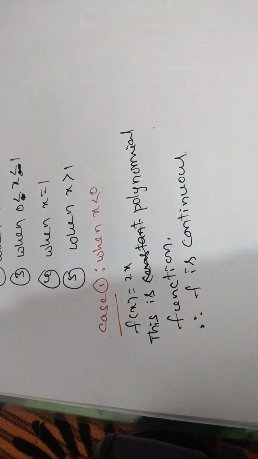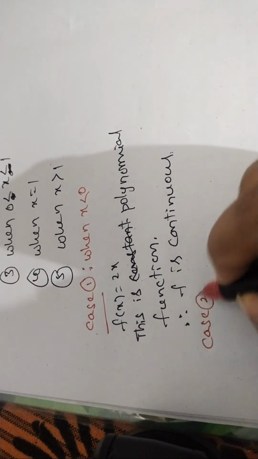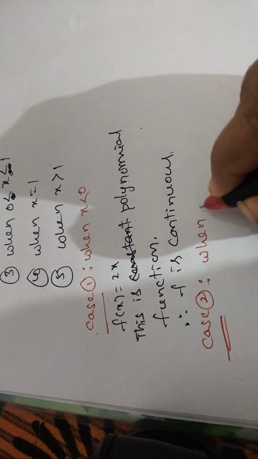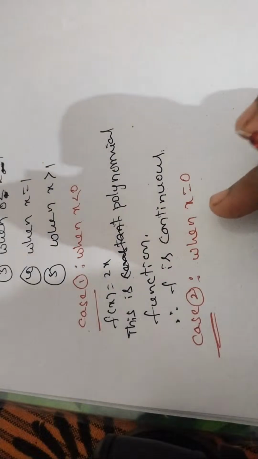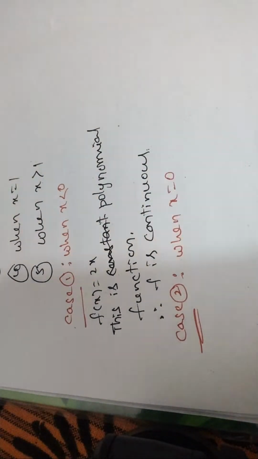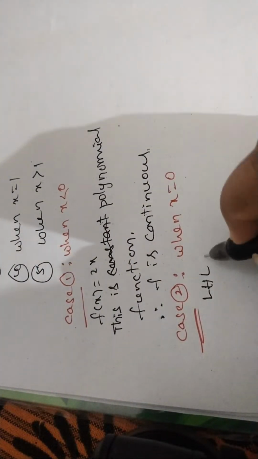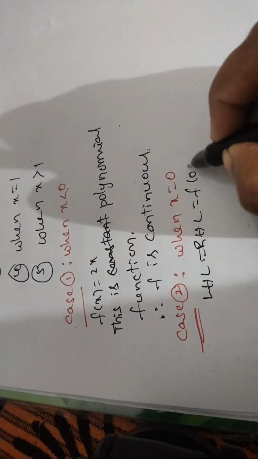Next, case 2, when x is equal to 0. How can we write this? We will write LHL is equal to RHL is equal to f of 0.